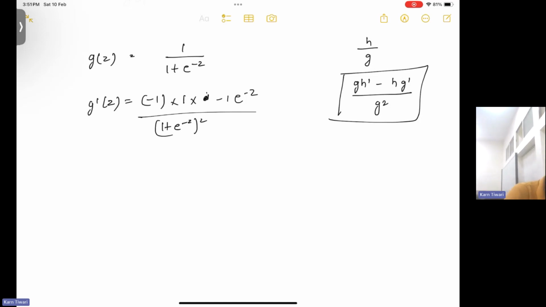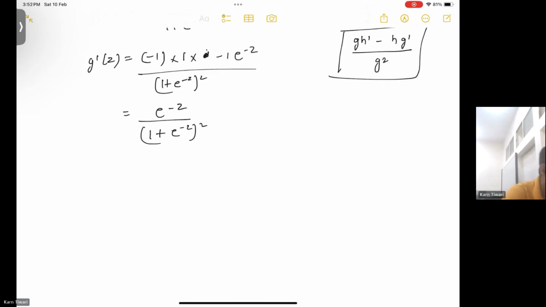So overall, it's simply e to the power minus z divided by 1 plus e to the power minus z whole square. Now you can add plus 1 minus 1 and simplify it further. That is left as an exercise for you. I hope this is also clear.